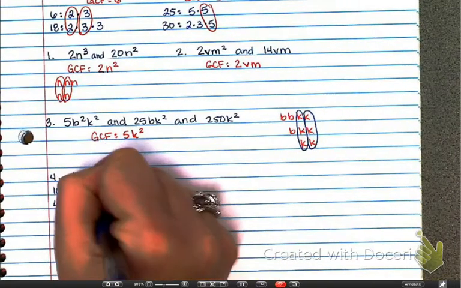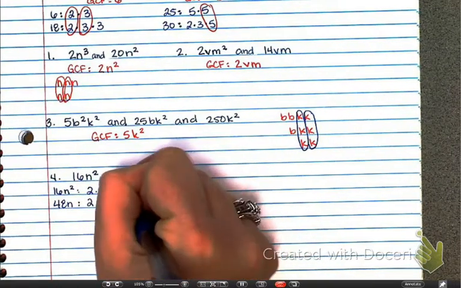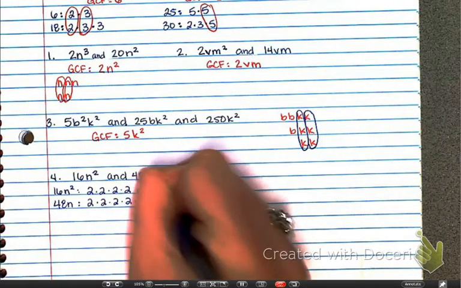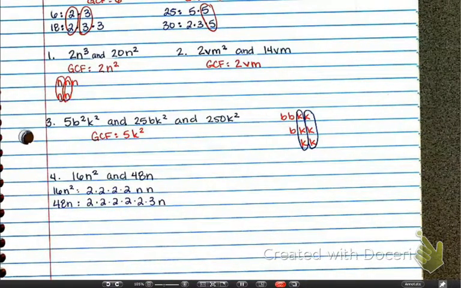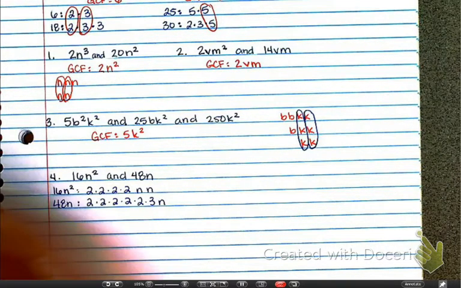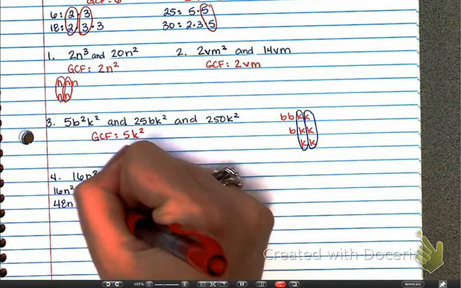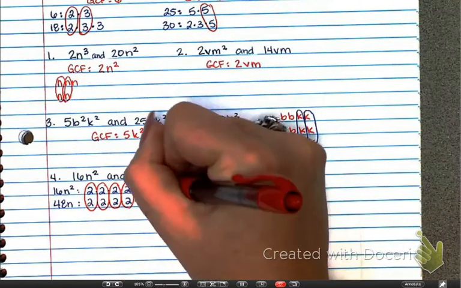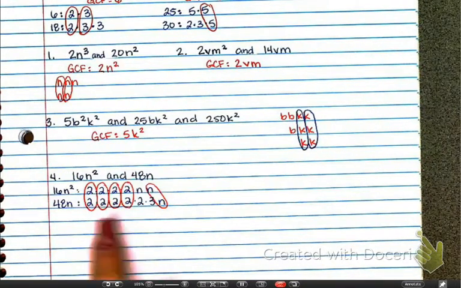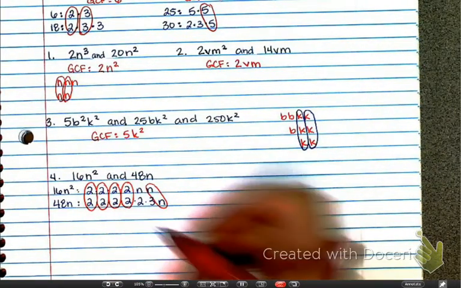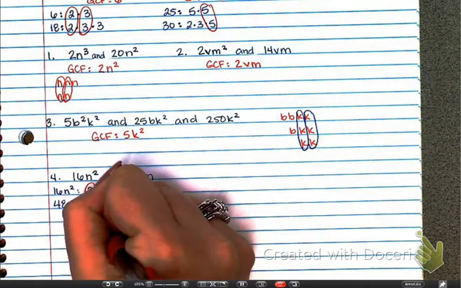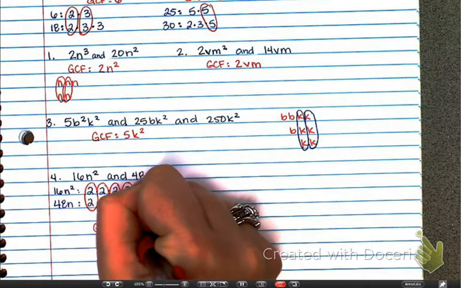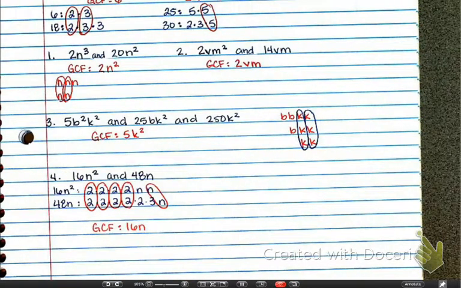Well, I know 8 is 2 times 2 times 2, and 6 is 2 times 3, and I have that n. I literally broke the whole thing down. What do they have in common? So they have a 2, another 2, another 2, another 2, and an n. So 2 times 2 times 2 times 2 is what? 16. And they have 1 n in common. So my greatest common factor is 16n squared. Okay?